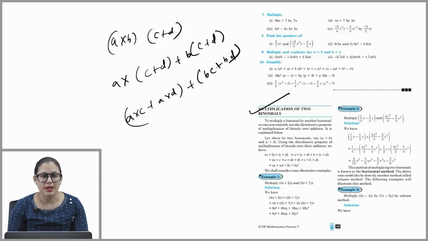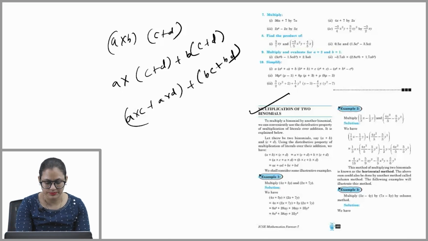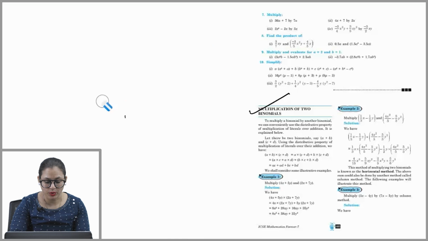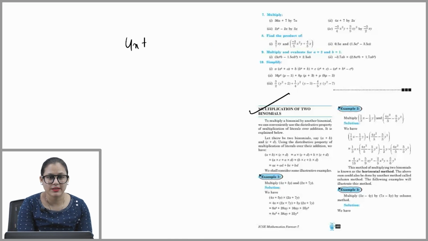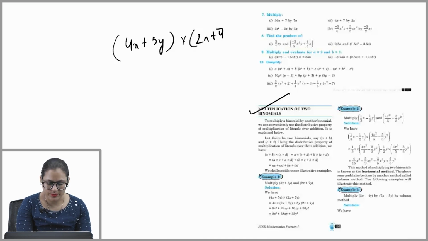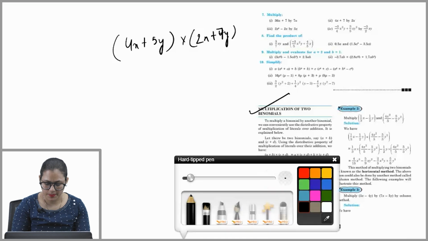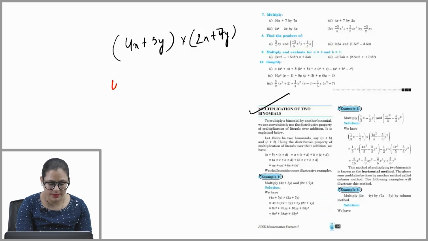Now let's do the example. We have to multiply a binomial by a binomial. 4x plus 5y into 2x plus 7y. Okay. First we will multiply this expression by 4x: 2x plus 7y.